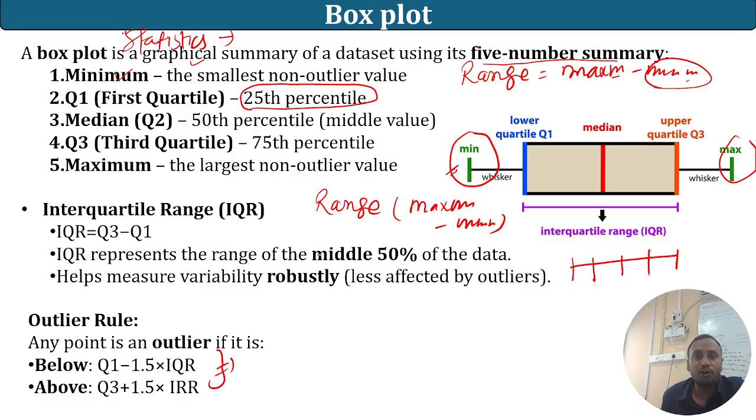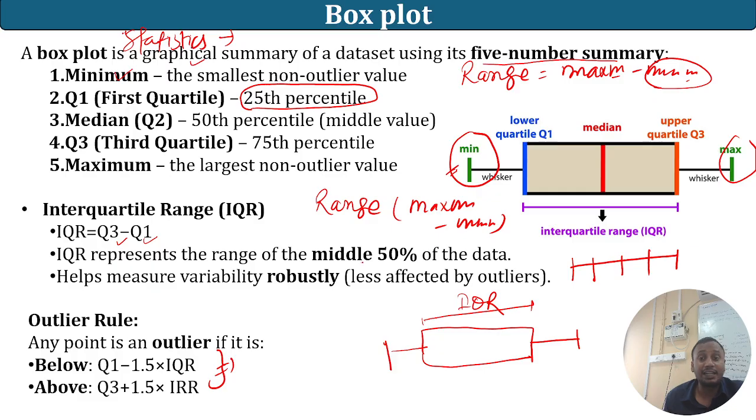If you calculate the interquartile range, this is the value from Q1. Let's say this is our box, this is the max outlier, and this is the min outlier. This is the IQR. IQR means interquartile range, which is Q3 minus Q1.